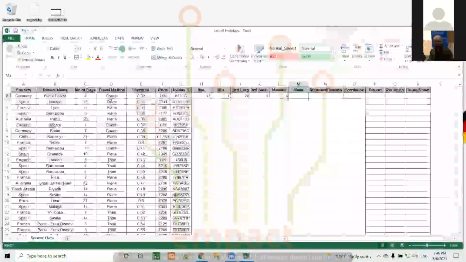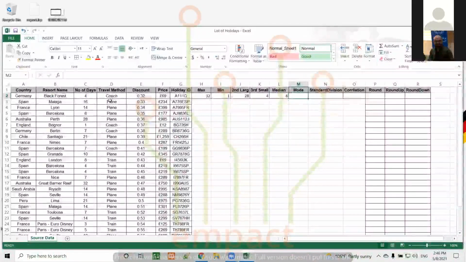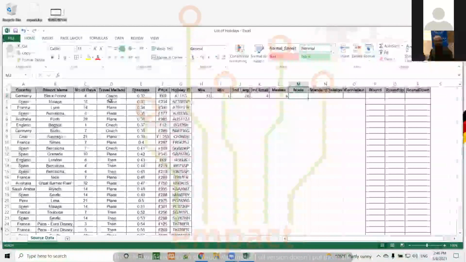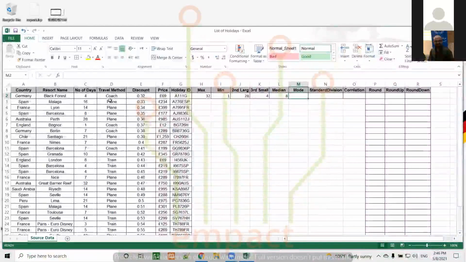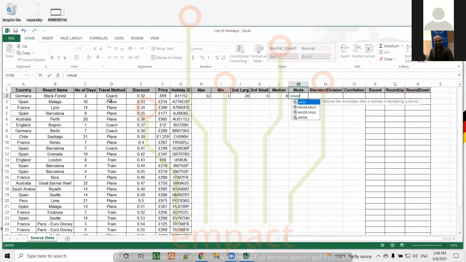This means it started to be a model. So here also in our data, the data which is more repeated can serve as a model for this range of data. To get the mode here, we write equal MODE.